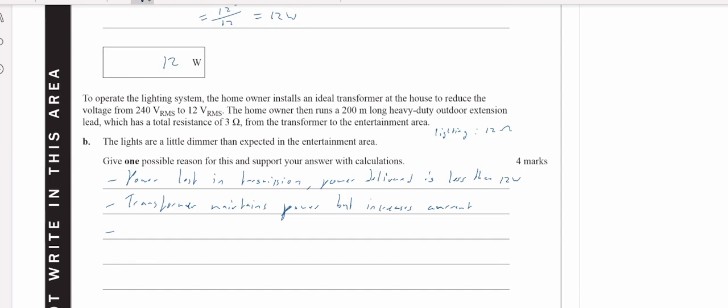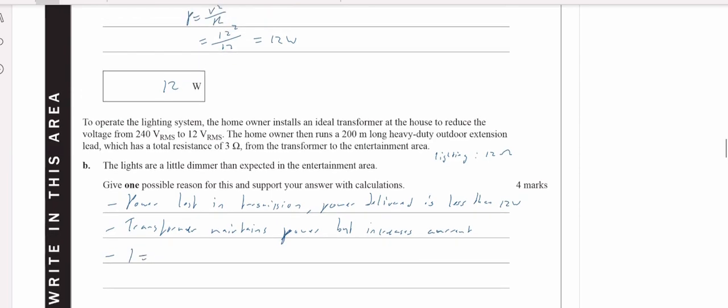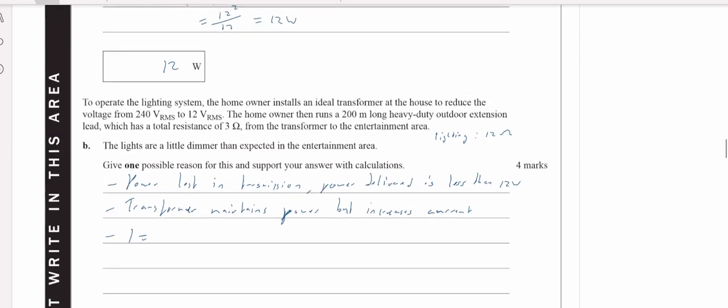So we can find the new current. I is, we have V over R. Voltage is 12. The total resistance is 3 plus the 12 for lighting.